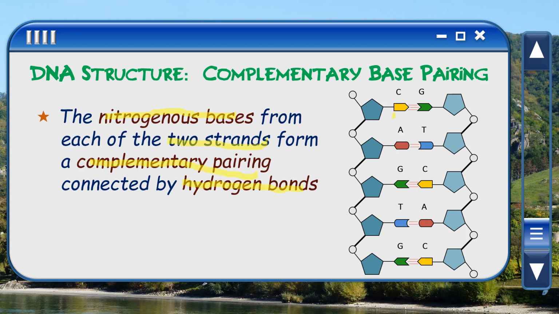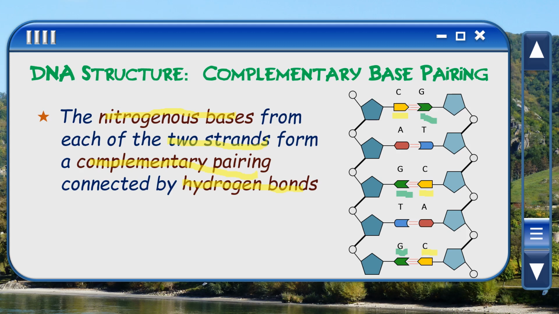This base that we have here is cytosine. This base is cytosine. Cytosine connects with guanine. This is guanine. This one is guanine. Those are the bases.